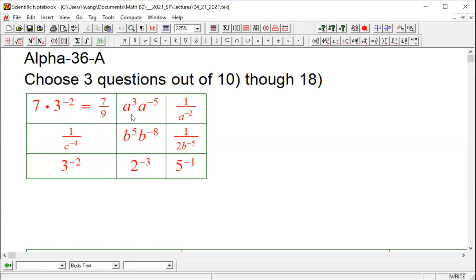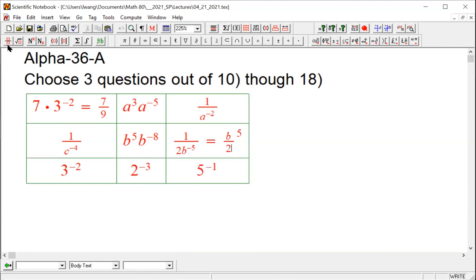And I don't think you have issues with these. And that one, b to the power -5 will flip up, so you're going to have b raised to the power 5 on the top. But there's a 2. The 2 doesn't go with it. So 2 stays under. Got it?